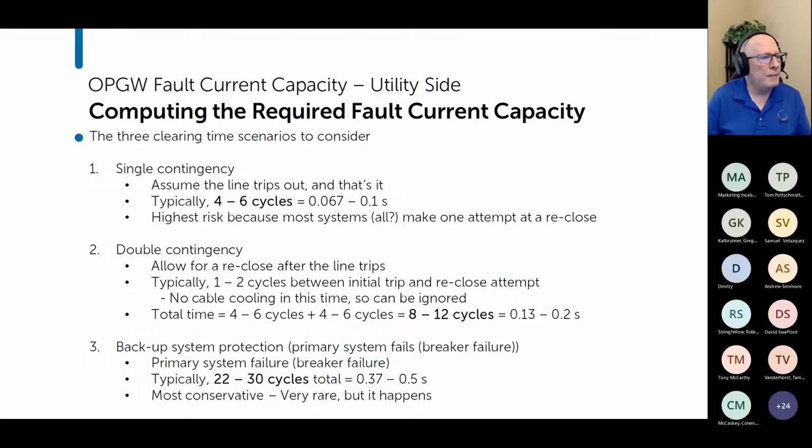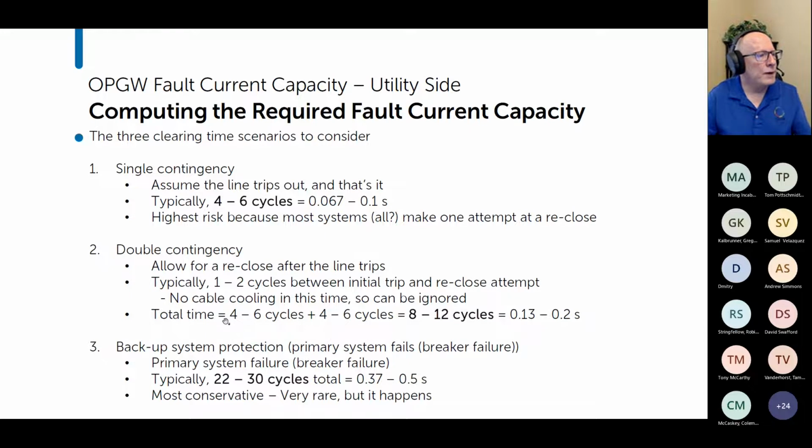And so what's going to happen if there's a reclose is that you'll have another 1 or 2 cycles between the initial trip and that reclose attempt. The cable cannot cool during that time. So effectively, you can't ignore this time differential. Then you have a second trip if whatever initiated the fault is still there, like a conductor failure.